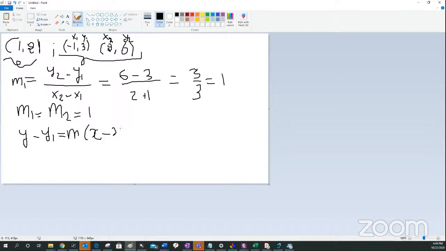This is our x1, and this is our y1. So that will give you y minus 1 is equal to the slope, which is 1, times x minus x1, which is 1 as well. Like you mentioned, you put plus 1 on each side.